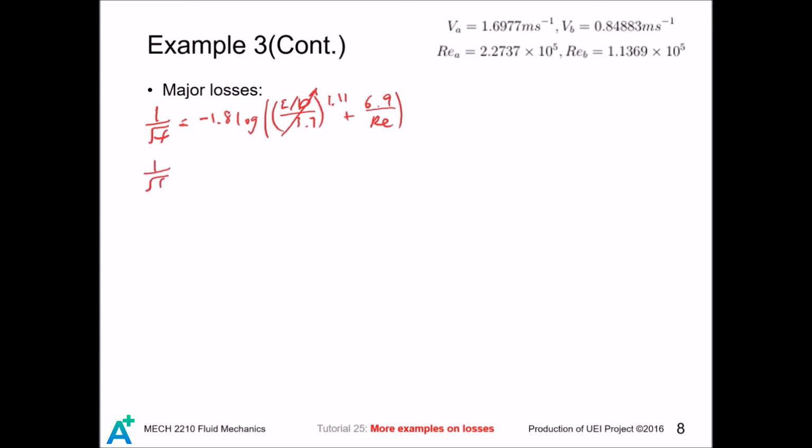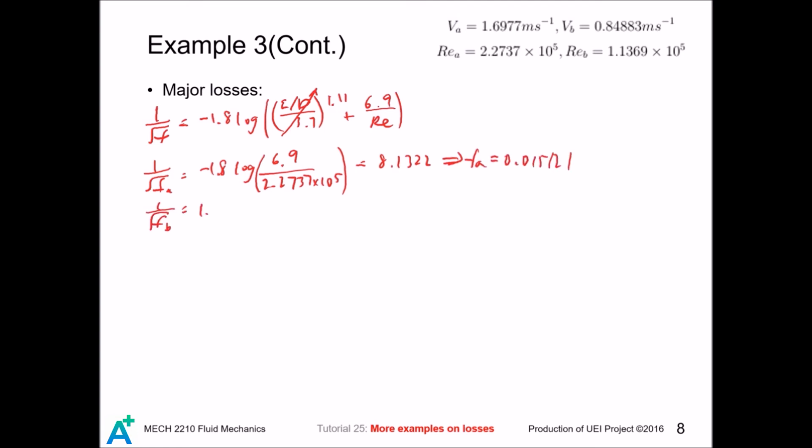So, for pipe A, and for pipe B, and we verify these two numbers by using the Moody chart.